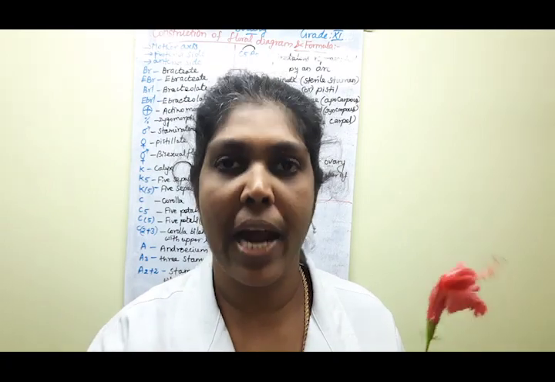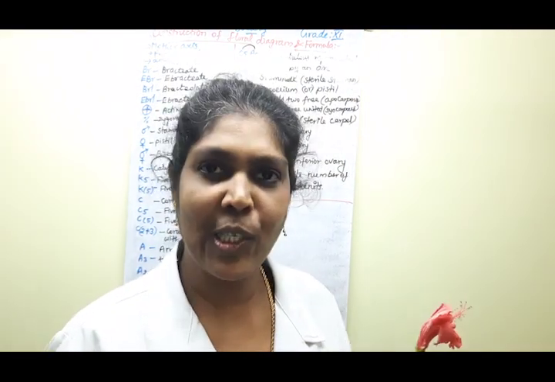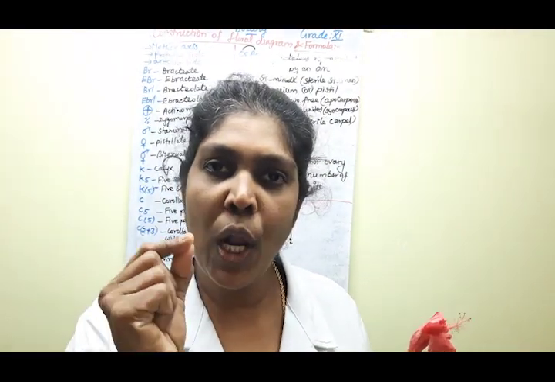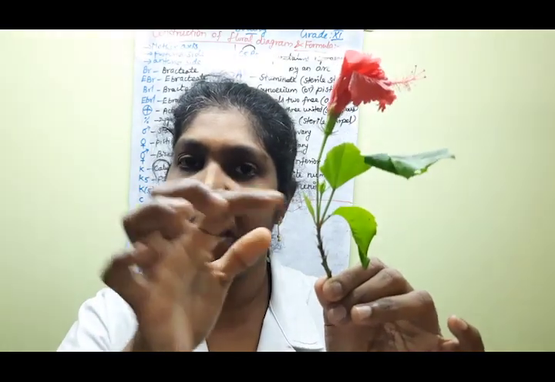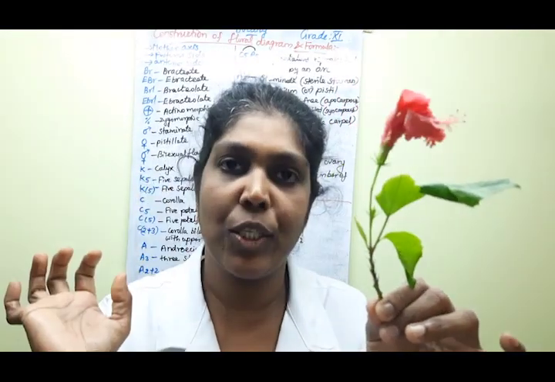Next, the side of the flower facing towards the bract region. You know what a bract is, children? Yes, good. So try to tell me, children, what do you mean by bract? Yes, good. The small leaf-like structure that arises from the base of the flower is known as a bract.